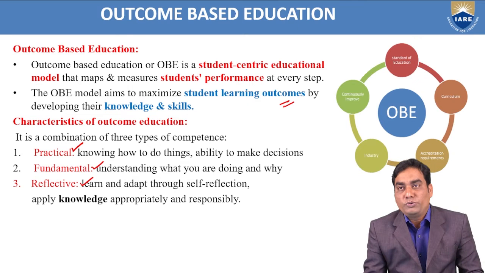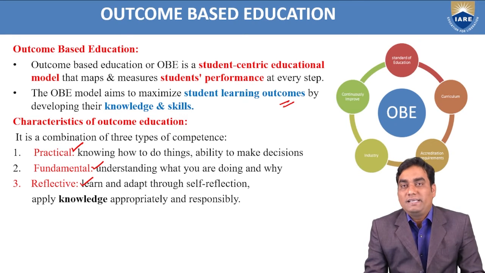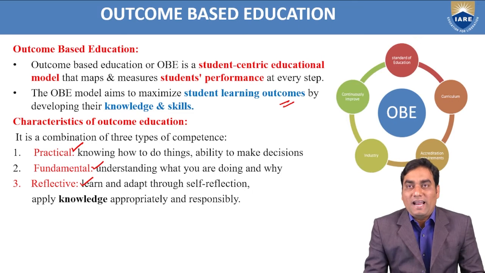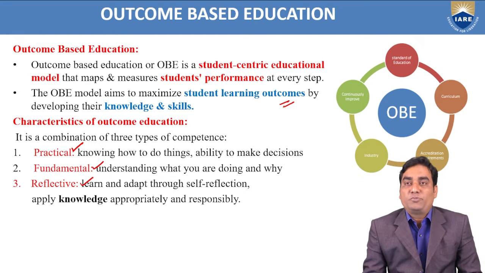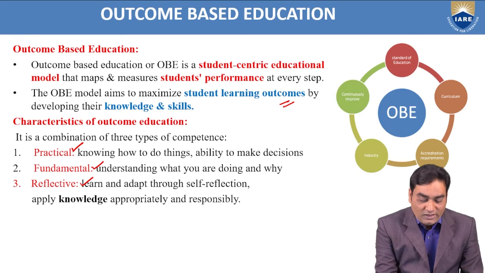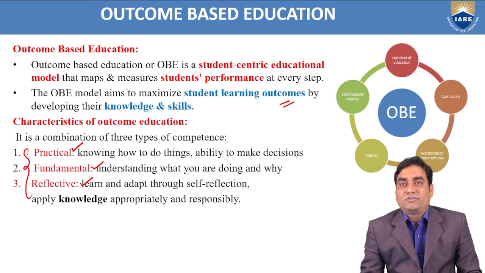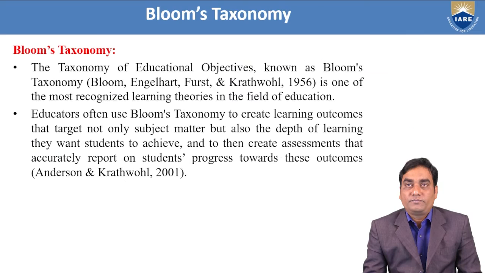Understanding what you are doing and why you are doing it is nothing but fundamental. And reflective characteristic means learning and adapting through self-reflection, so apply the knowledge appropriately and responsibly. These three are the main characteristics of outcome education.